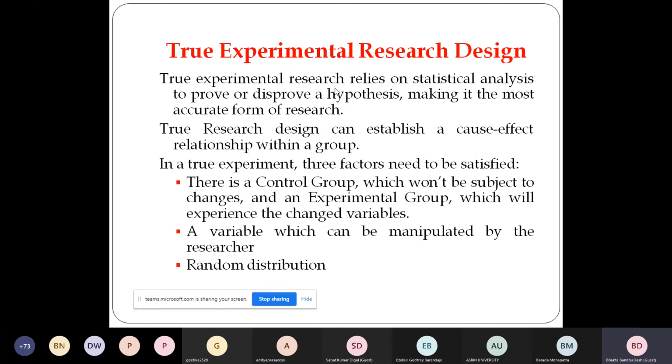And this true research design establishes the actual cause-effect relationship within a group. In a true experiment, 3 factors need to be satisfied. Number 1, there is a control group which won't be subject to changes. Experimental group, which experiences the change variable. A variable which can be manipulated by the researcher.